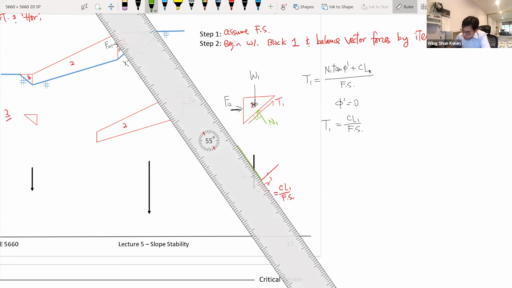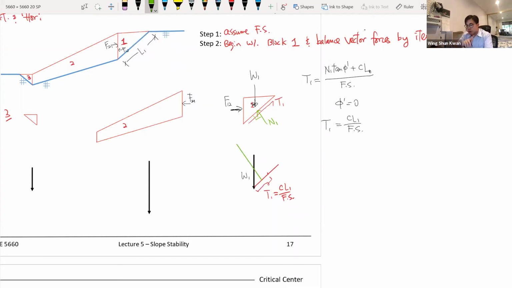So this is the direction, or the orientation, of N1. This is where N1 is pointing to. You don't necessarily know N1 because you don't know its magnitude. But there's a diagram method that helps you solve the problem without knowing N1.